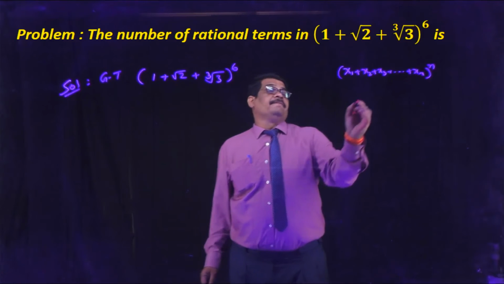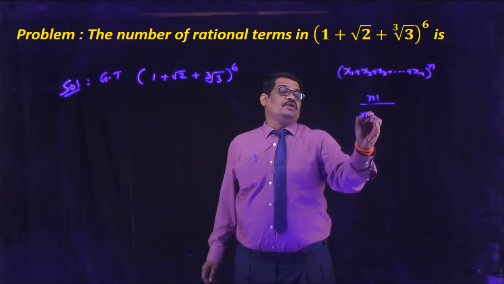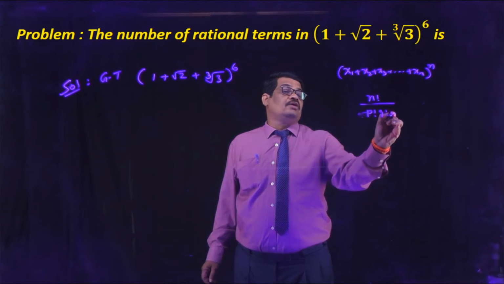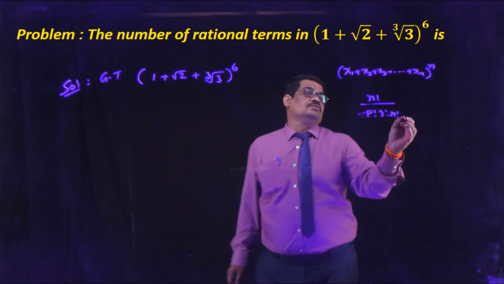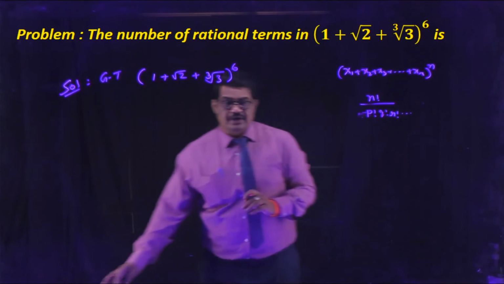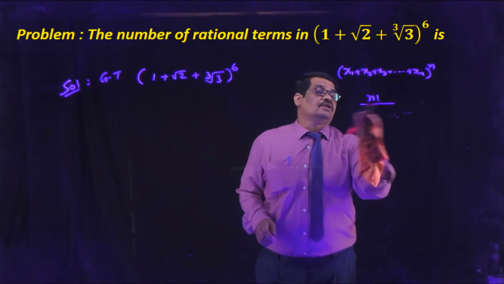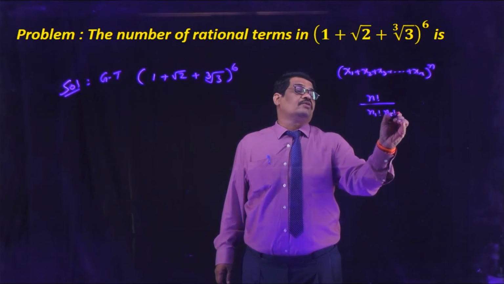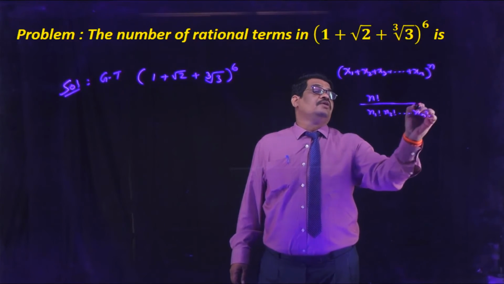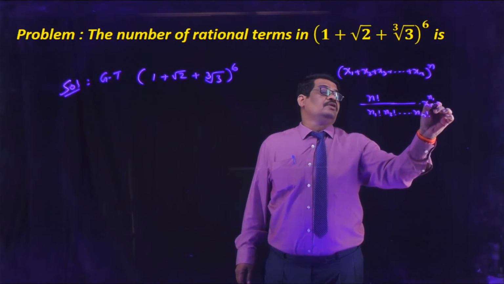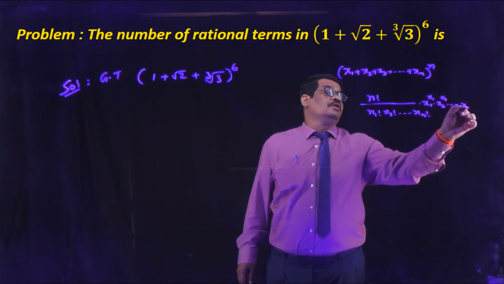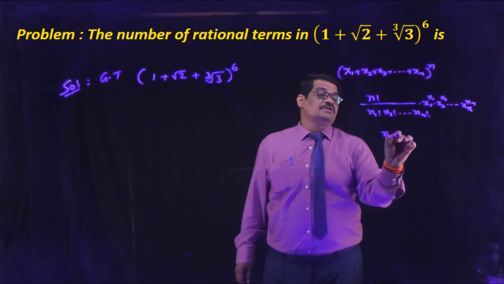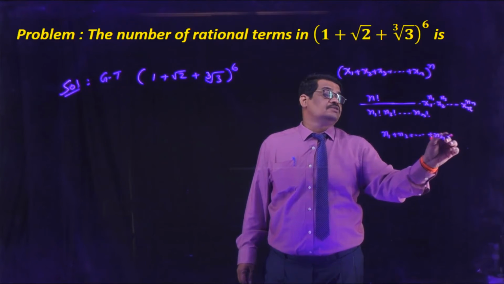We write n factorial by n1 factorial, n2 factorial and so on up to nr factorial, into x1 to the power of n1 into x2 to the power of n2 and so on xr to the power of nr, where n1 plus n2 plus and so on nr is equal to n.